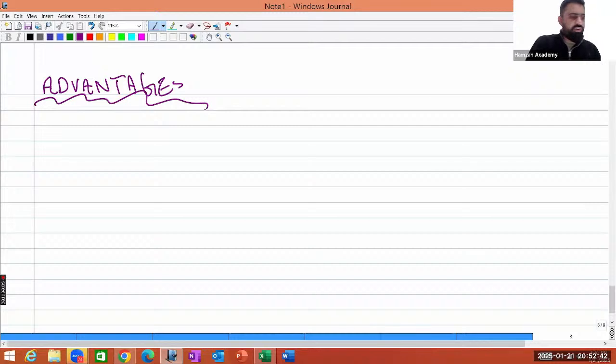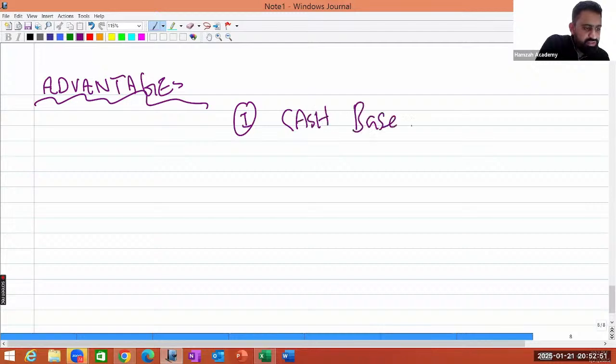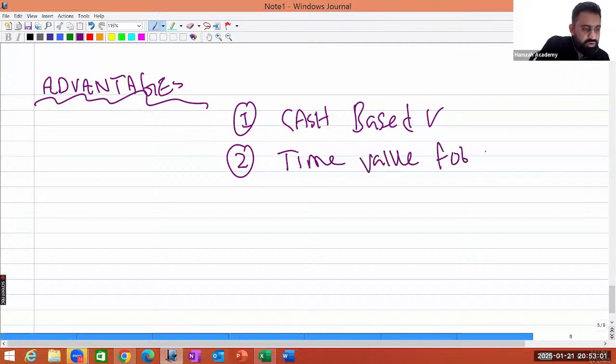Now, advantages of NPV. The first advantage, it's a cash-based method. The second advantage, it considers the time value for money.